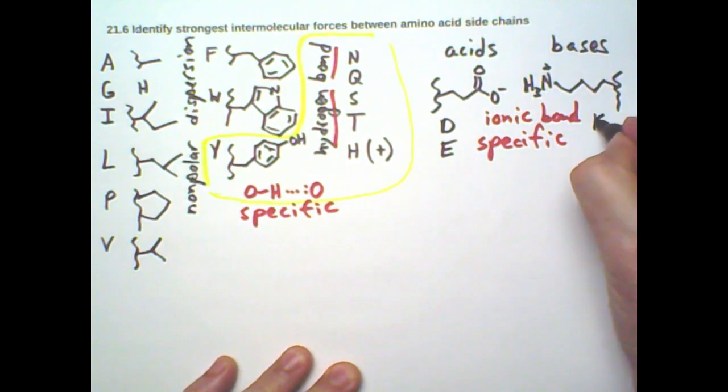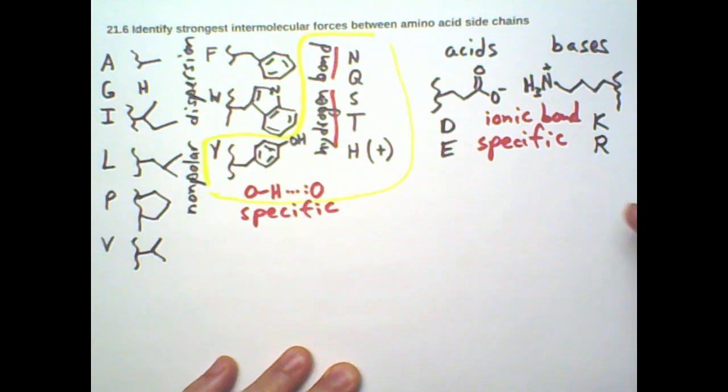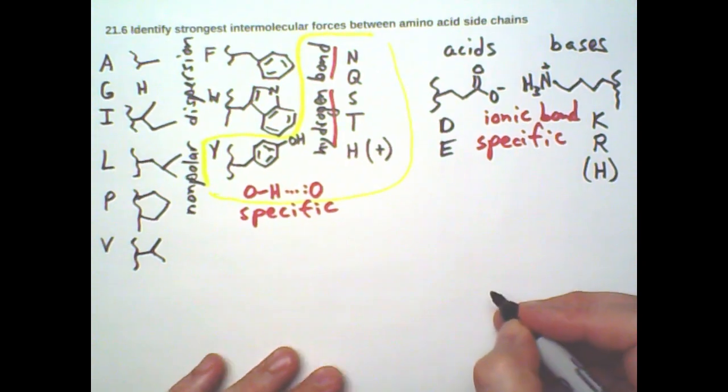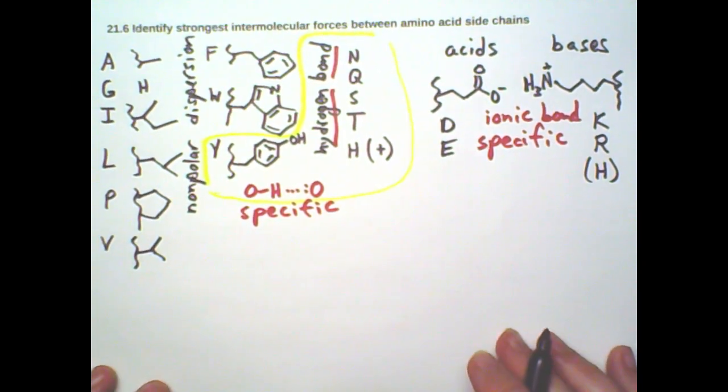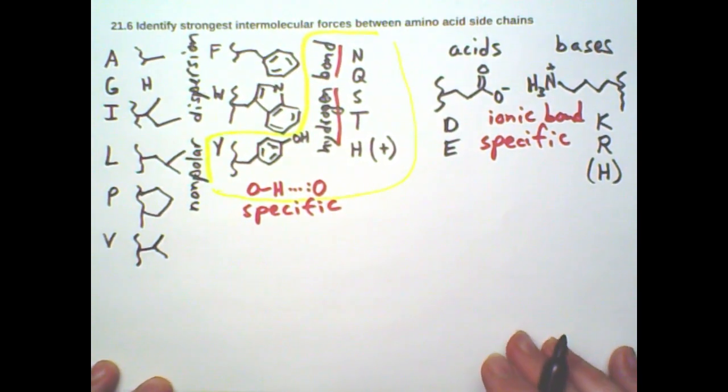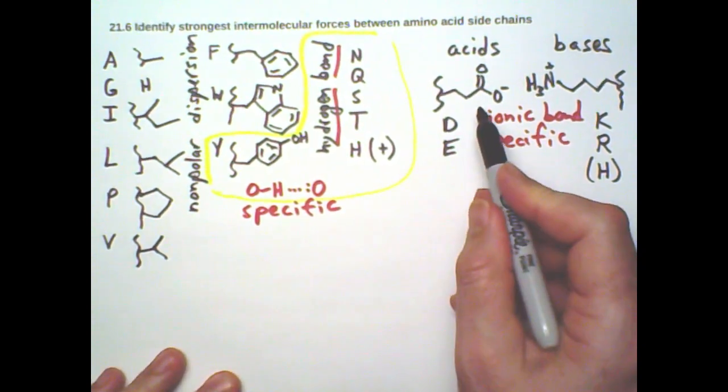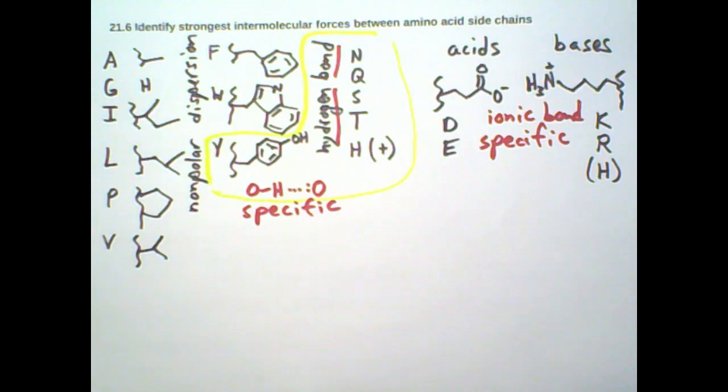Lysine gets a K. Arginine gets an R. Sometimes histidine if it has a positive charge. So the plus and the minus can attract each other in the ionic bonds. There's one more type of specific interaction.